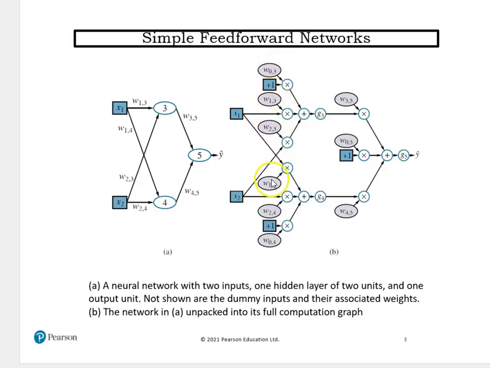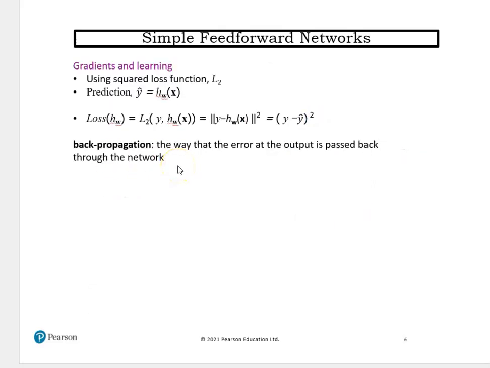So 1, 2, 3, 4, 5, 6, 7, 8, 9. We have 9 parameters. So we're going to have to take the derivative of the loss function with respect to each one of these w's. And to do that, we're going to use what's called backpropagation. So that's essentially the missing piece to allow us to minimize the loss function.